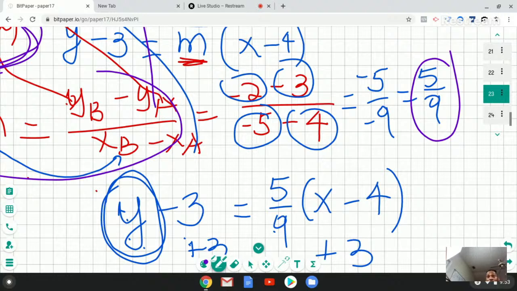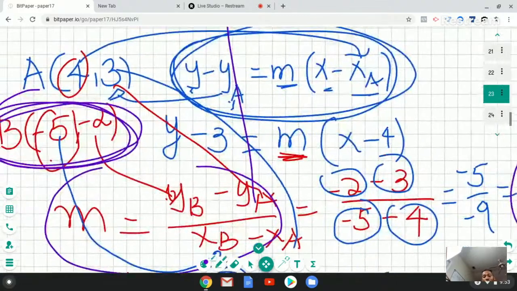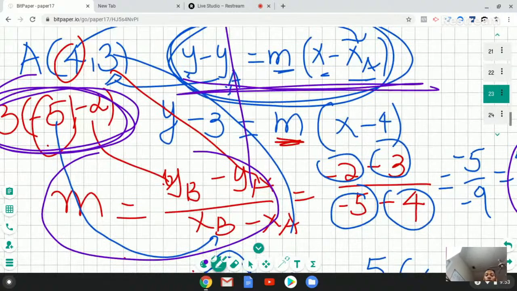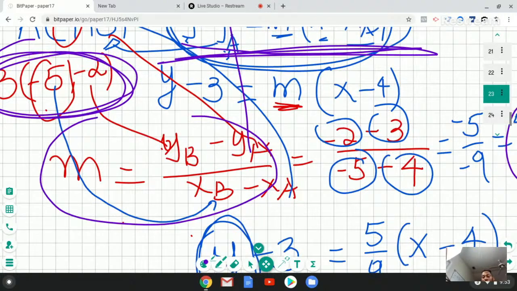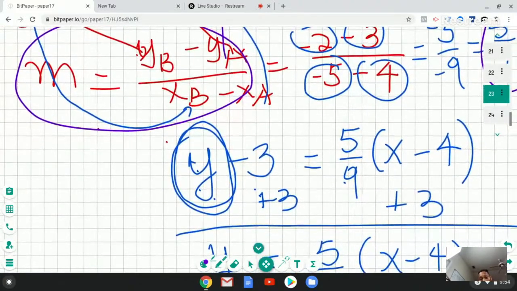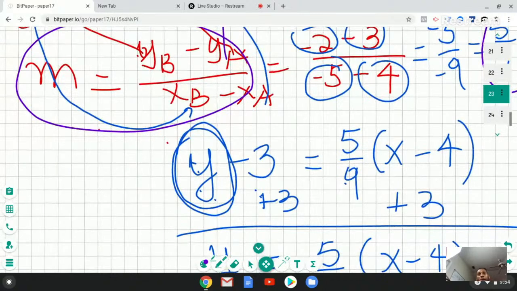Now we went back to the form of the equation to write it. The only thing that we were missing in this equation was the slope, right? So I said y minus ya is equal to the slope times x minus xa. And that was it.